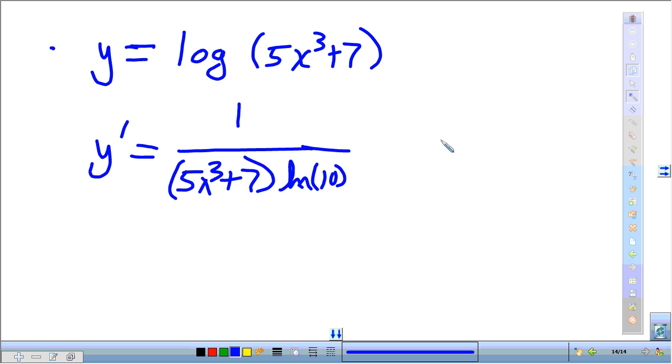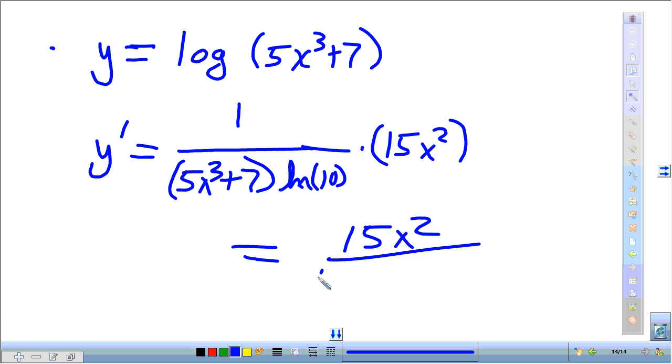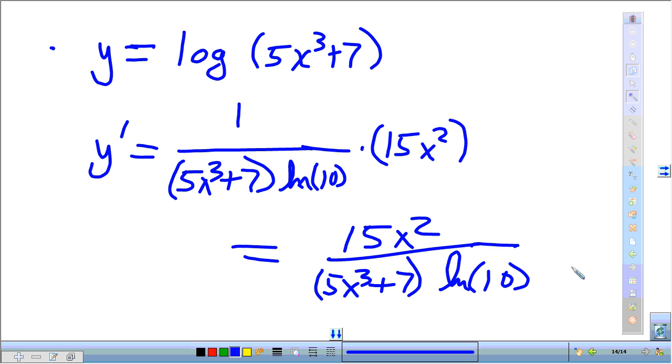So we'll have a natural log of 10, and then times the derivative of the inside, in this case 15x squared. So, derivatives of logarithms. The interesting thing is the derivative has no logarithm in it in general, other than possibly a fixed natural log of the base.